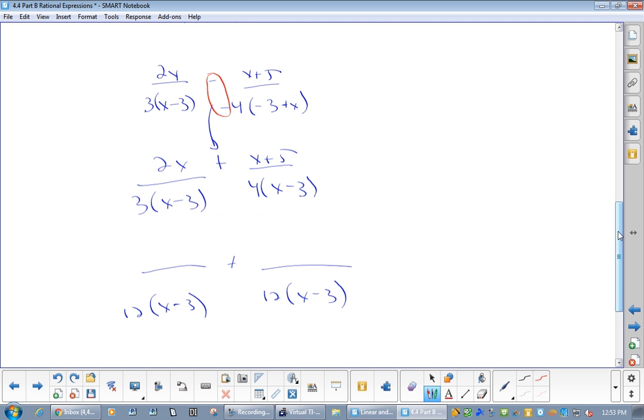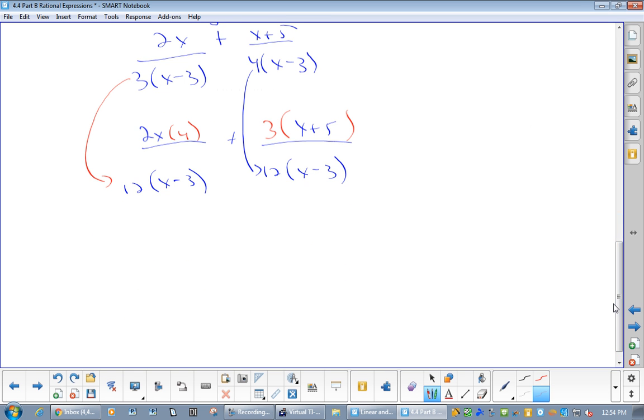Okay, now what do I have to do to this to get this? Multiply by 4. Okay, I got my x plus 5 here. What do I have to do to this to get this? Multiply by 3. Okay, so this will give me, now I can write this all over the common denominator.